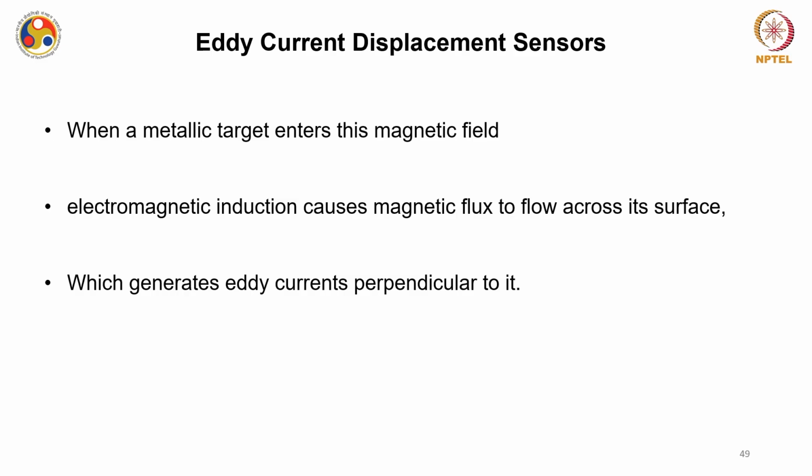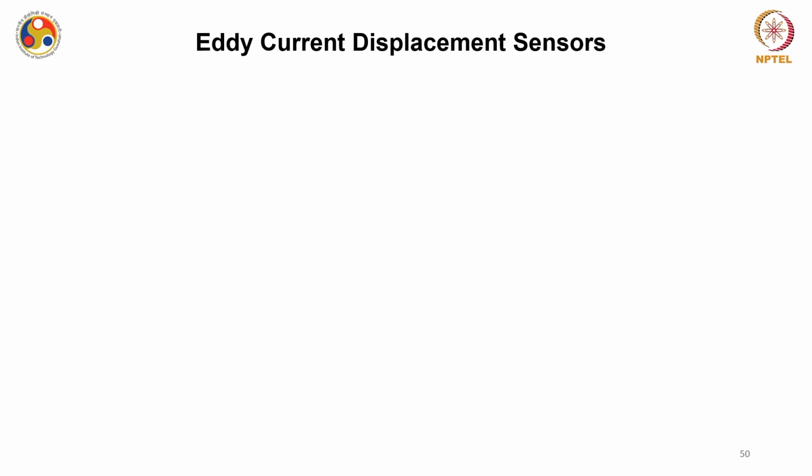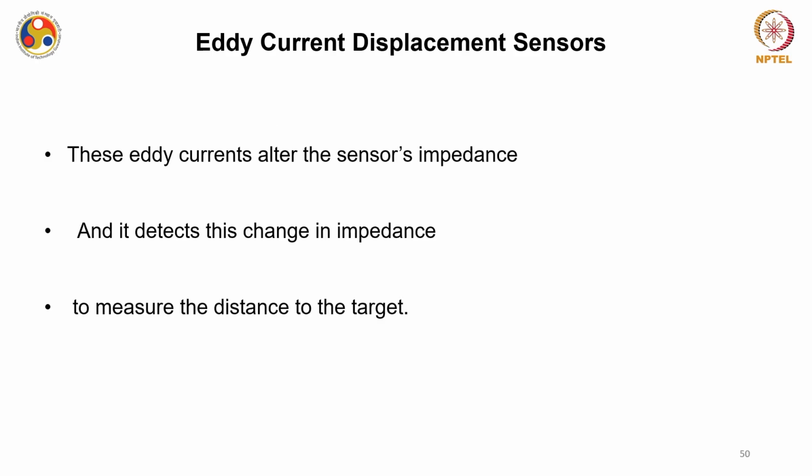This electromagnetic induction generates eddy current which is perpendicular to its surface. These eddy currents alter the sensor's impedance and it detects this change. The sensors work on measurement of these changes in impedance, which is indirectly proportional to the distance or displacement of the target.